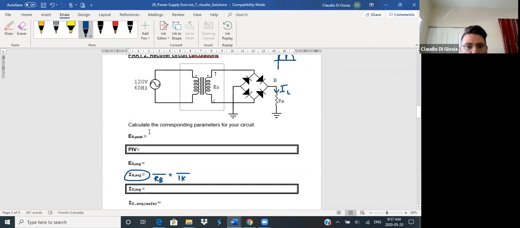All right, so ER peak, well, we just did that on the previous page, or we started doing it. So E effective multiplied by the square root of 2, or 1.414. If you multiply it out, it'll give us 28.28 volts. What does PIV stand for? Peak inverse voltage.